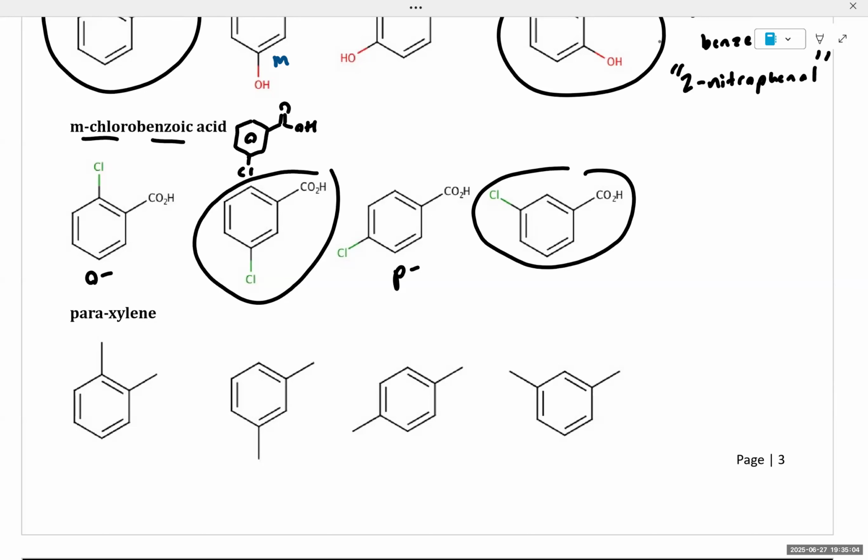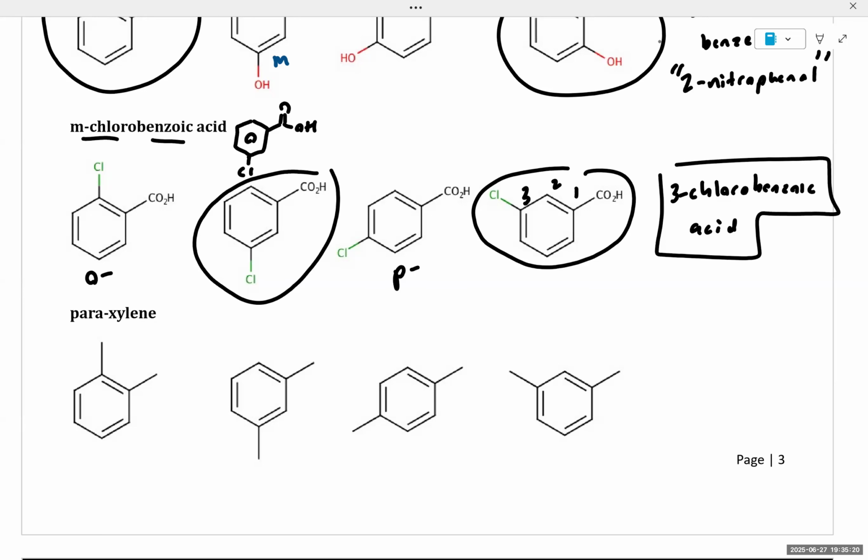This compound has the para relationship. Another name for this compound, given that there is a 1,3 relationship, would be 3-chlorobenzoic acid. That's another name for this compound. Again, the meta relationship implies a 1,3 relationship between substituents.